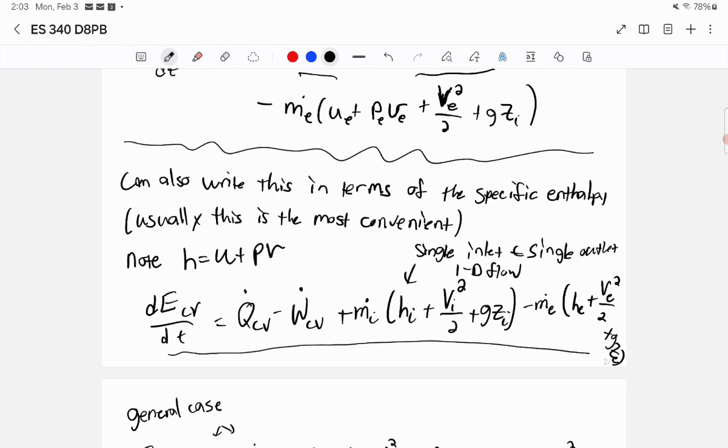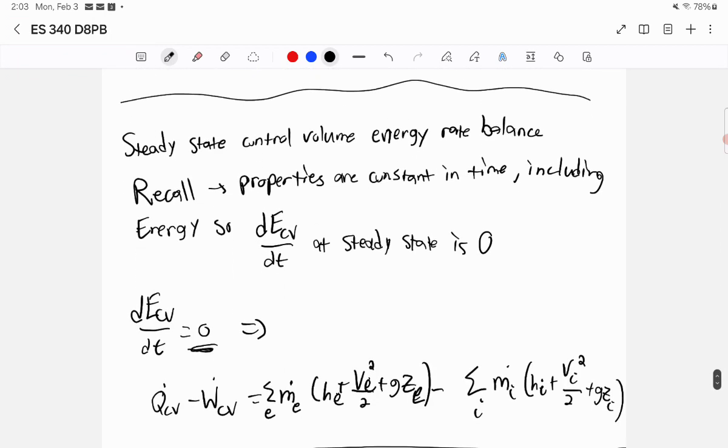But we're always going to want to identify in the problem: are we at steady state? Are we not at steady state? Can it be assumed to be an ideal gas, or am I going to have to go to the tables to find these values? So keep all of that in mind as we go on.